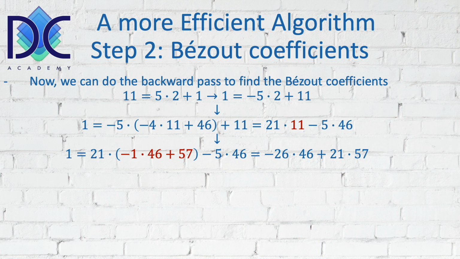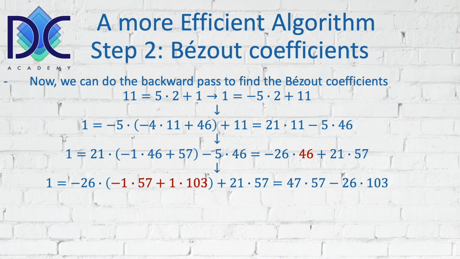The next step is the next number, which is 46. So now we continue with 46. We replace 46 by the value we found before, which is minus 1 times 57 plus 1 times 103, plus 21 times 57. So we just replaced 46 by the other value.